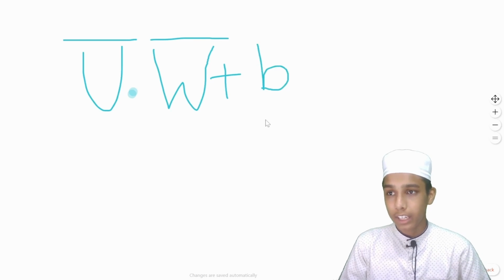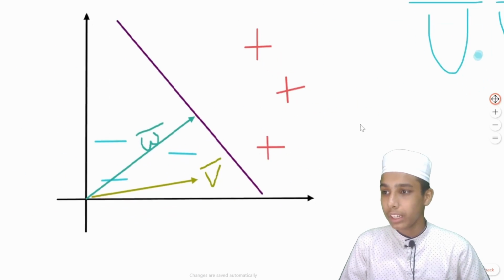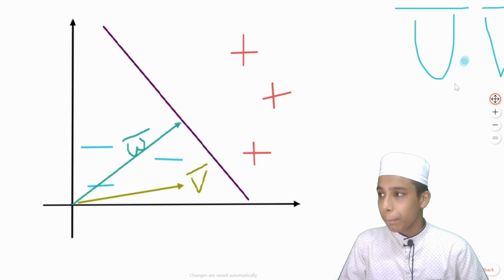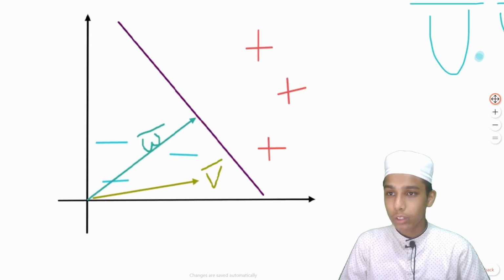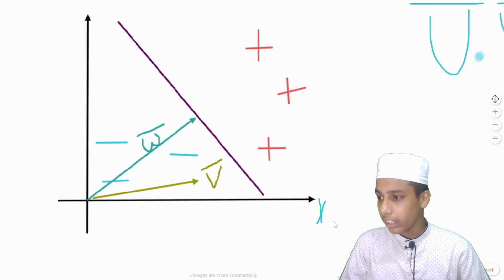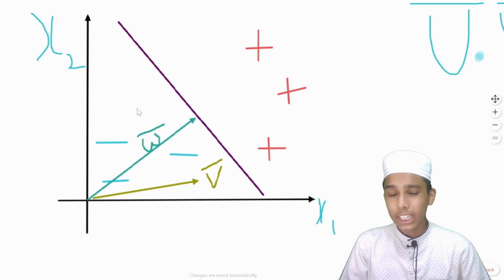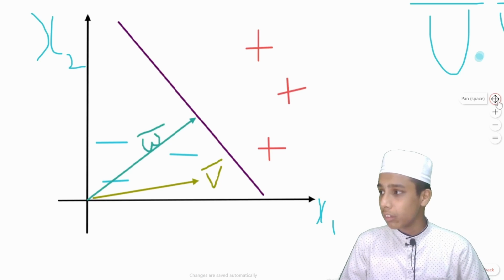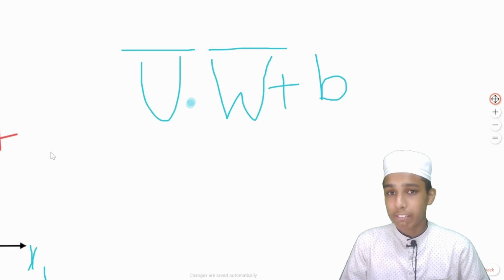Now guys, the question is what's the value of u, w and b? We don't have the value of w and b, but we have the value of u. Let's give it as x1 and x2. These are the features, so these are going to be the value of u, because they are features and they are directions. That's why this is the value of u.